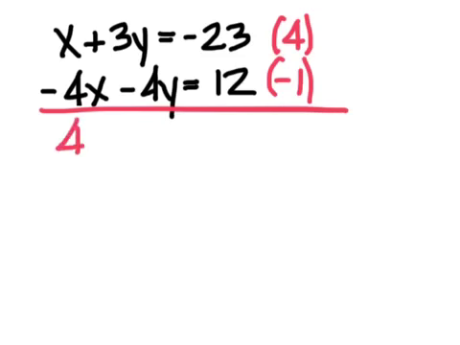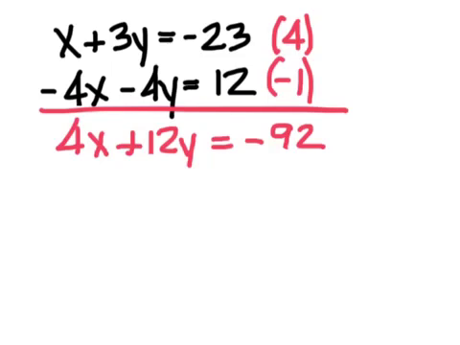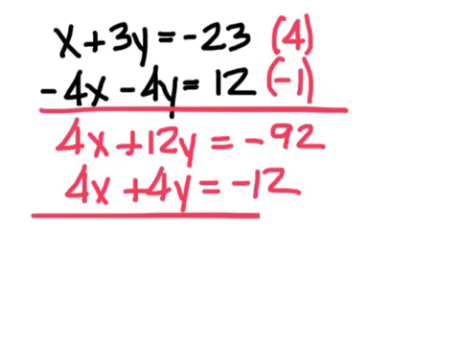Alright, so on the top I should have 4x plus 12y equals a -92. And on the bottom, that's just a matter of changing the sign of everything. So that's 4x plus 4y equals a -12. What operation do I need? Subtraction.